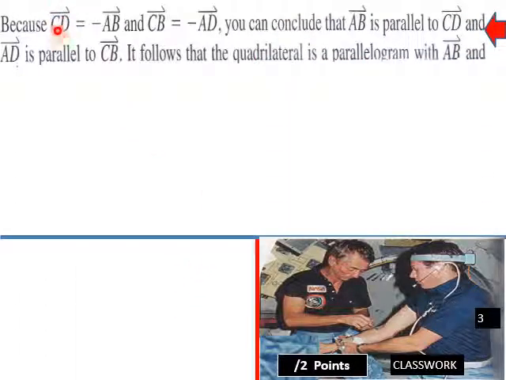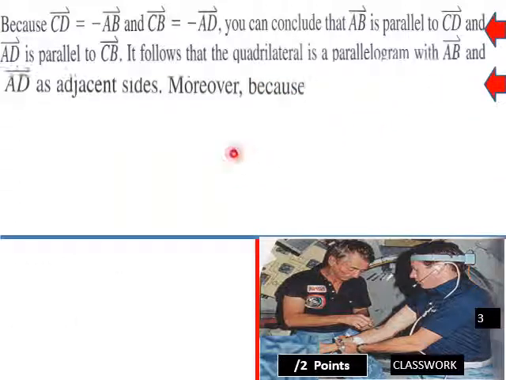Because vector CD equals the negative AB and vector CB equals the negative of vector AD, you can conclude that vector AB is parallel to vector CD and vector AD is parallel to vector CB. It follows that the quadrilateral is a parallelogram with vector AB and vector AD as adjacent sides. So here's the key word here: adjacent sides.